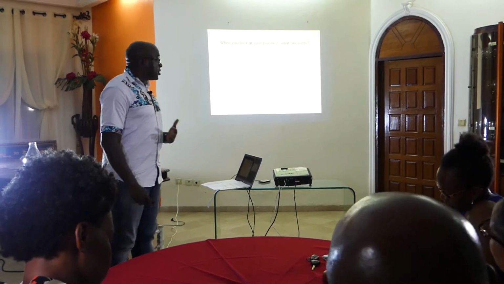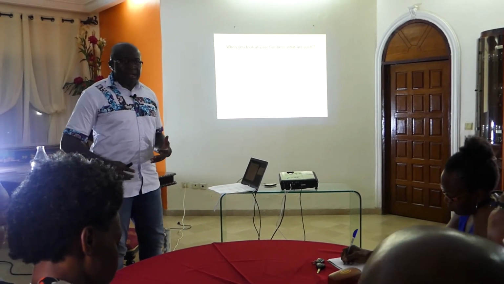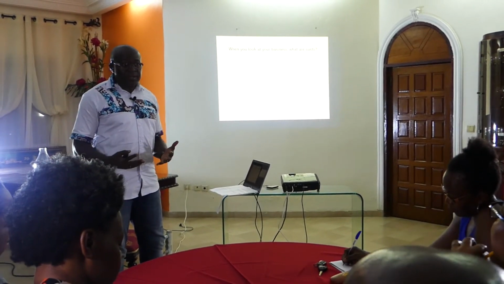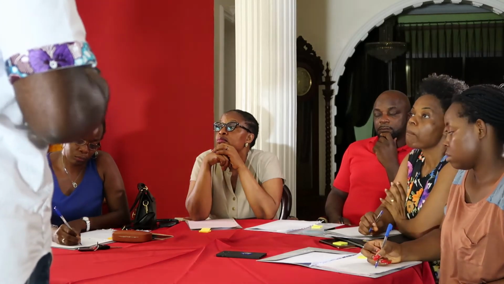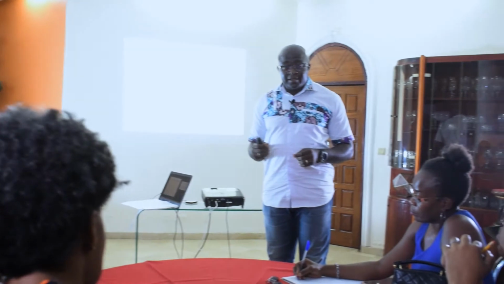When you look at your business, being an entrepreneur, in your running activities, I will take you through an activity whose objective is to identify the different costs that you have in your business. It's a group discussion. Take a post-it and write one type of cost per post-it.